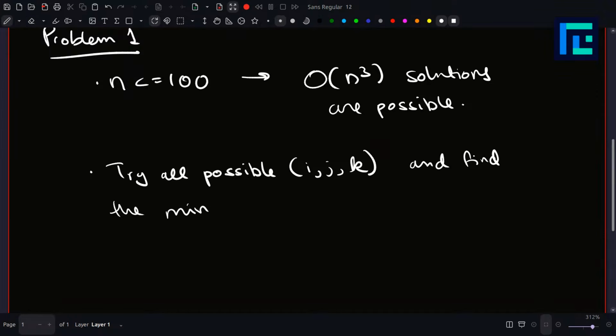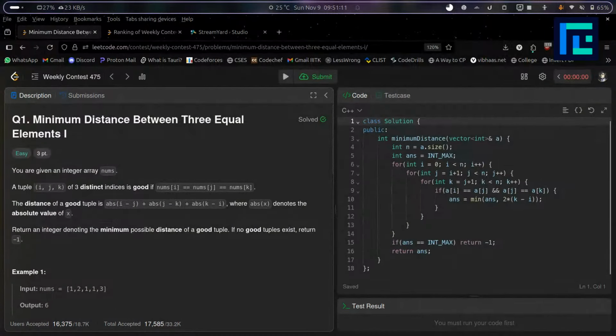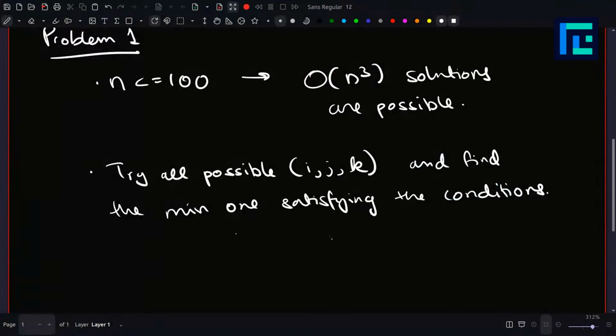We can directly check that nums of i equals nums of j equals nums of k, and then find the minimum value of this thing: |k - i| + |j - k| + |i - j|.